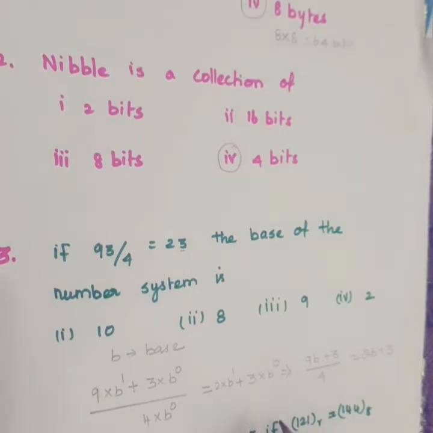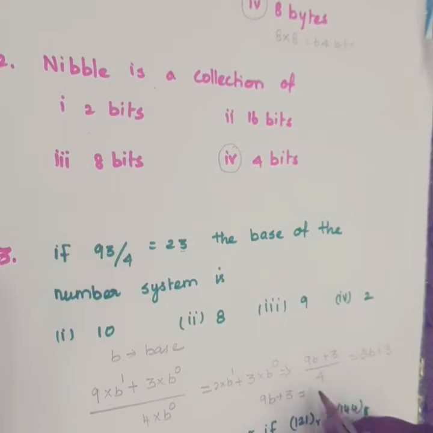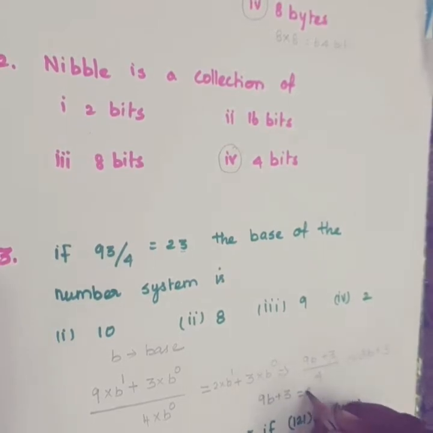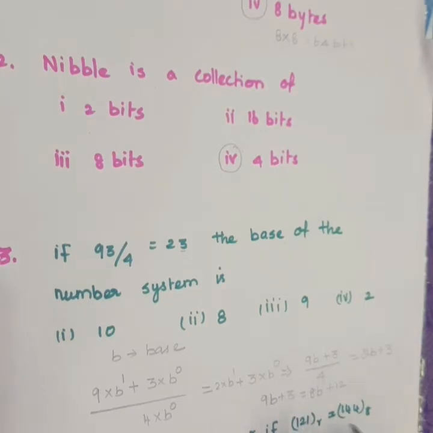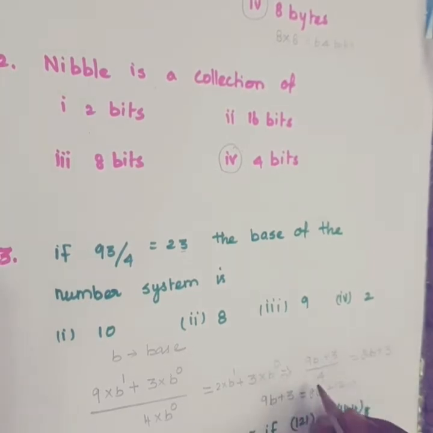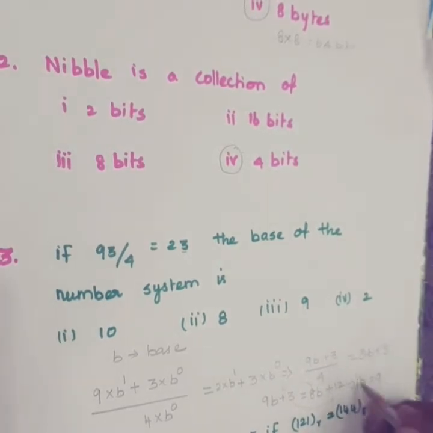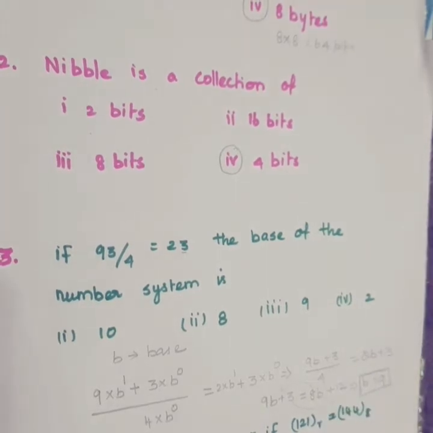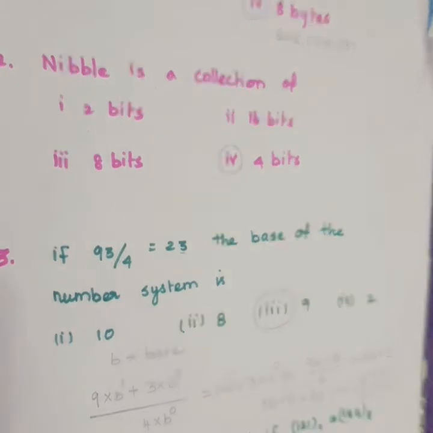So next, 9B plus 3 is equal to, taking this 4 to the right side, 8B plus 12. Right. So if you solve this, you get B is equal to 9. That is the correct answer. So here the option is 3, which is the correct answer.